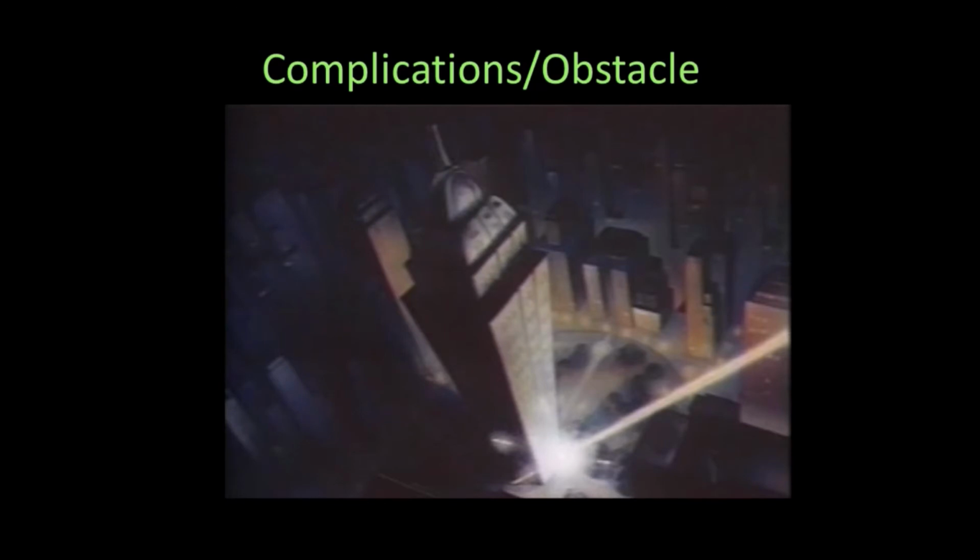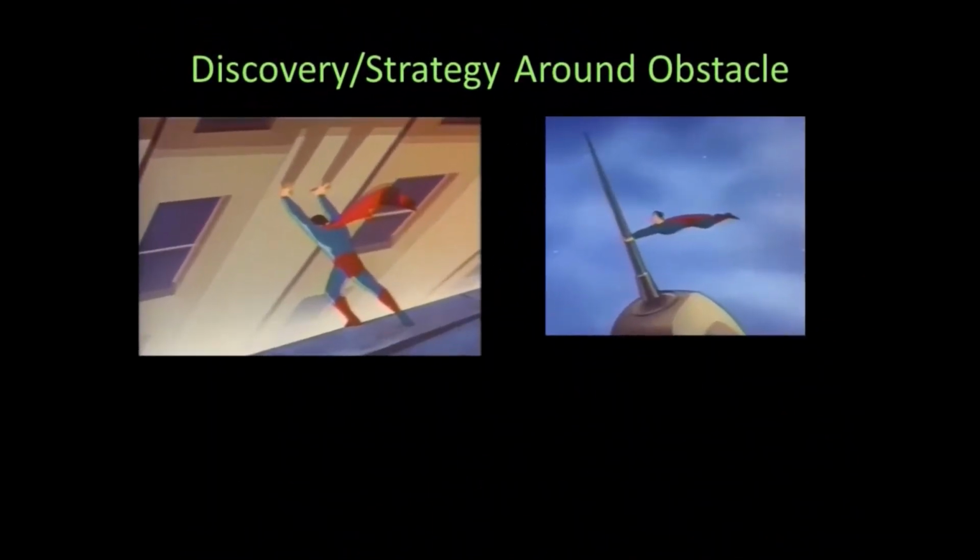Another complication crops up when the mad scientist directs his ray at the newspaper building, destroying its foundation and causing it to topple. The discovery and strategy around this is that Superman pushes the building upright and then straightens it out. He then flies down and blocks the ray.